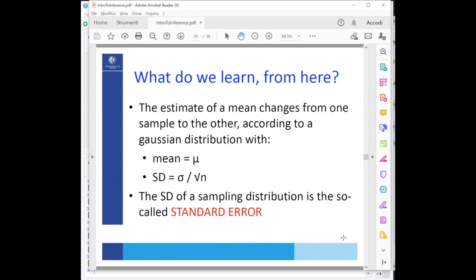So in this case, it is 12, that is the original, divided by the square root of 3, because we have samples with 3 individuals. The standard deviation of a sampling distribution is called by a very famous name, that is the standard error. Right? So this is something you need to remember.